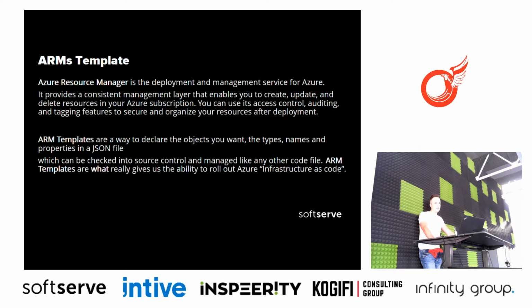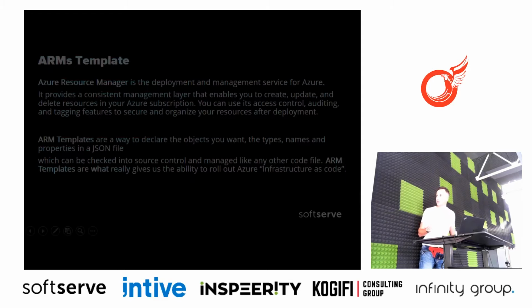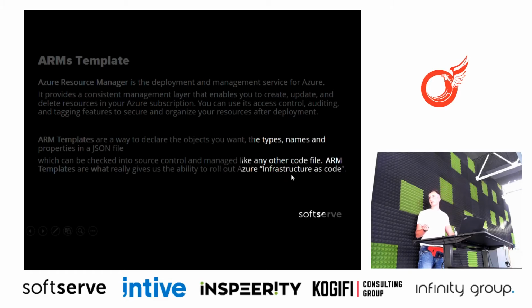The main thing here is that the ARM template as a JSON file is only the structure. So we are not deploying any application. We are not deploying your code or something like that. It means that this is the structure of the resources that we would like to have in Azure. And here I will use the new term: infrastructure as code. I think this is a good sentence for it.